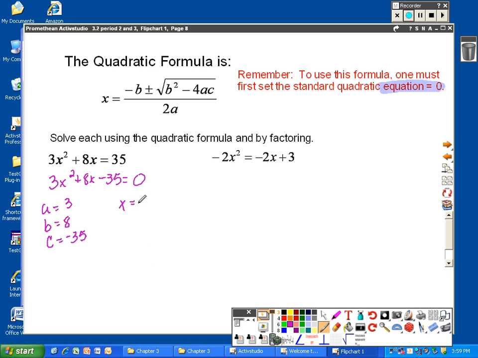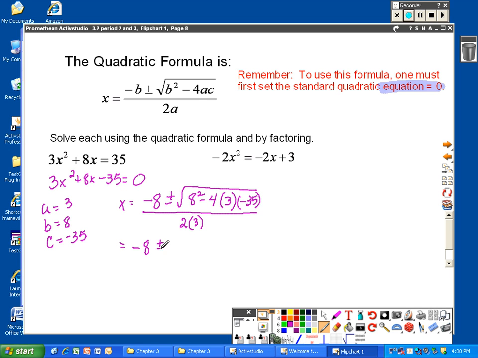So x will equal the opposite of b. b is 8, so its opposite would be negative 8, plus or minus the square root of 8 squared minus 4 times a, 3, times c, negative 35, all over 2 times a, which is 3.